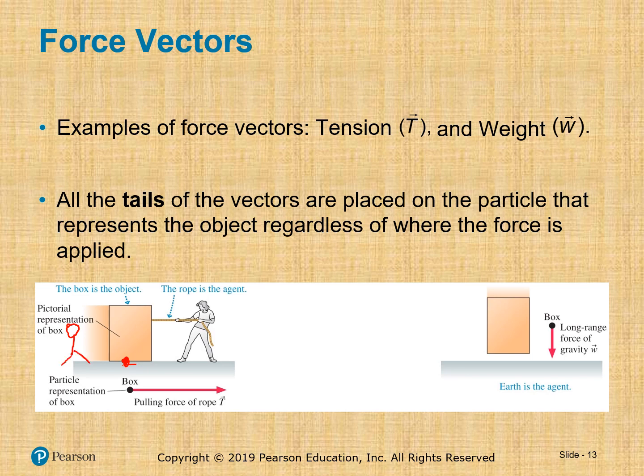If that were the case, then the arrow will be moving in this direction. But what's important to know is that the particle, the dot, represents the object. Here, to the right, the dot represents the box at rest. And the direction of the force is in the direction of gravity.